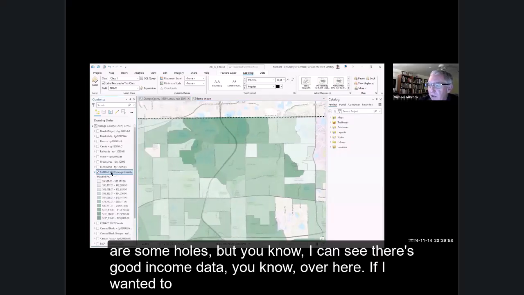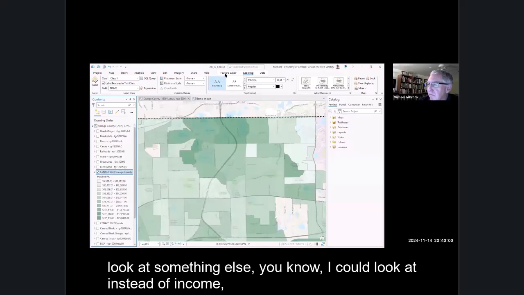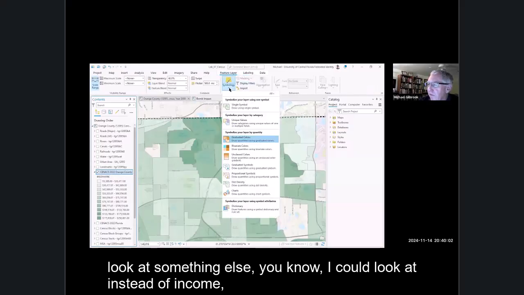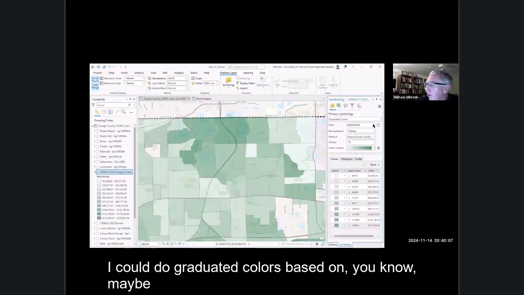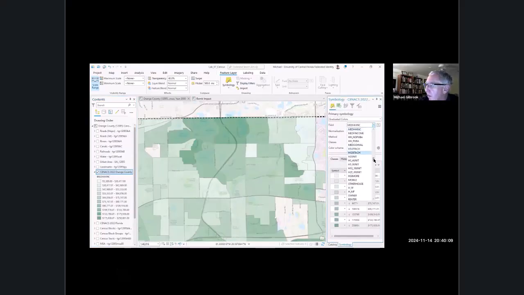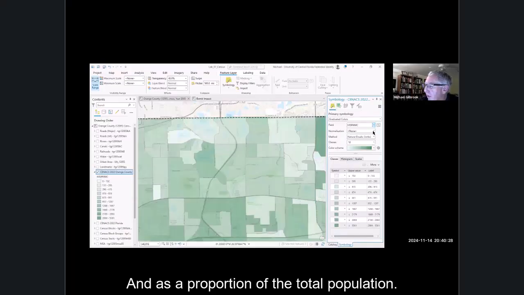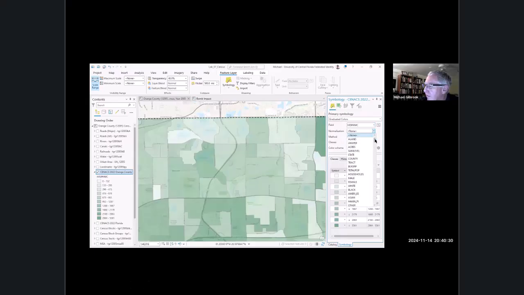If I wanted to look at something else, instead of income, I could do graduated colors based on the number of Hispanic people, as a proportion of the total population.